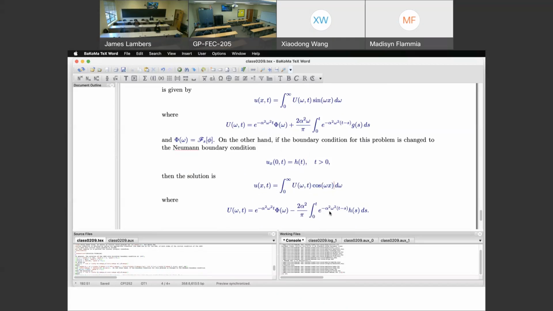Whatever boundary data you have goes in here. The integral itself is exactly the same. Your initial data plays the same role. So it's really just this factor out front that is the only thing different for one boundary condition versus the other, and then taking inverse cosine or sine depending on the boundary condition. So I put this in as a time saver.